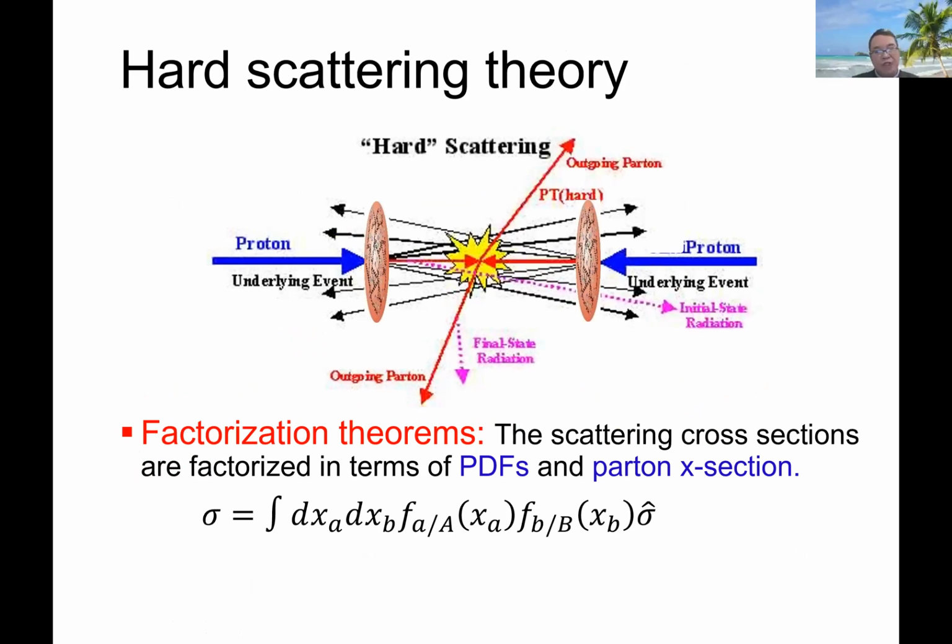For example, at the LHC, you collide two protons at extremely high energy and look at many different sub-processes. And you can derive so-called factorization theorems. Those theorems state that the cross sections can be written as a convolution of these parton distributions with parton scattering cross sections. And so essentially every process is analyzed in this way.